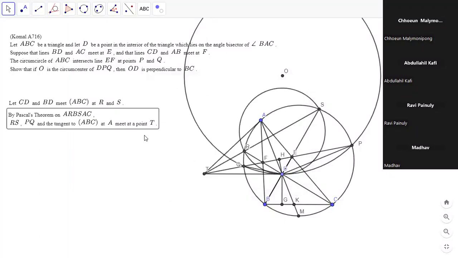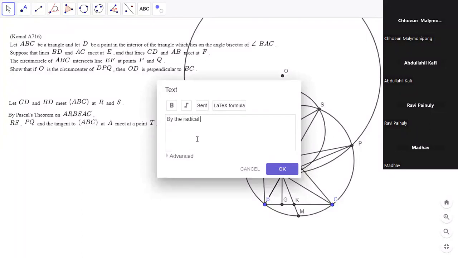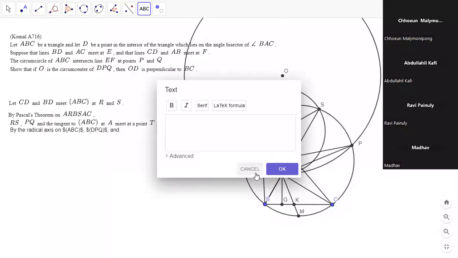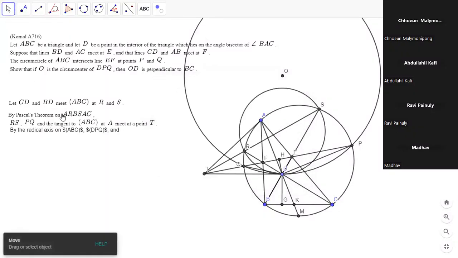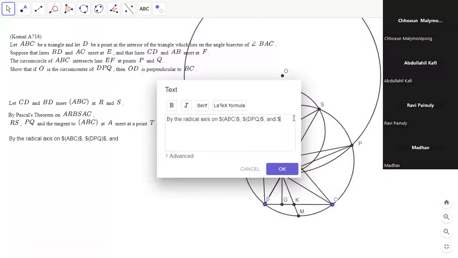And then by the radical axis theorem on ABC, DPQ, and DRS, we find TD is tangent to DRS.